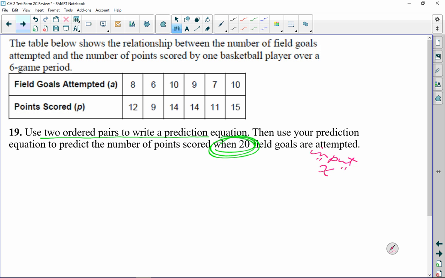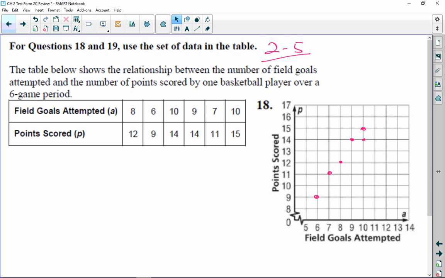First thing right here, I need to find a slope. I'm going to use this point right here because it's the furthest point on the graph. It's the lowest point. And then what other point do you think I would use? The highest one, which is that one. What's the ordered pair for it? 10, 15. Everybody with me?